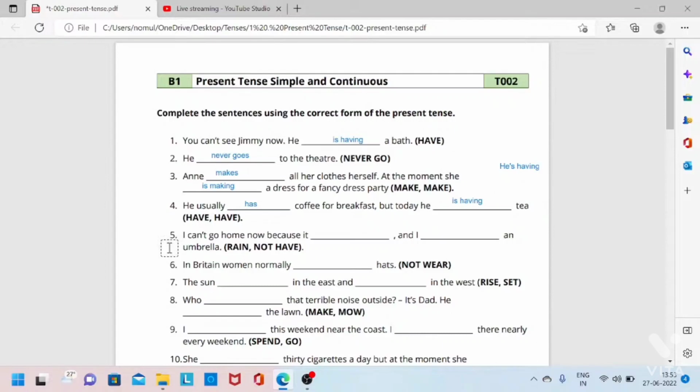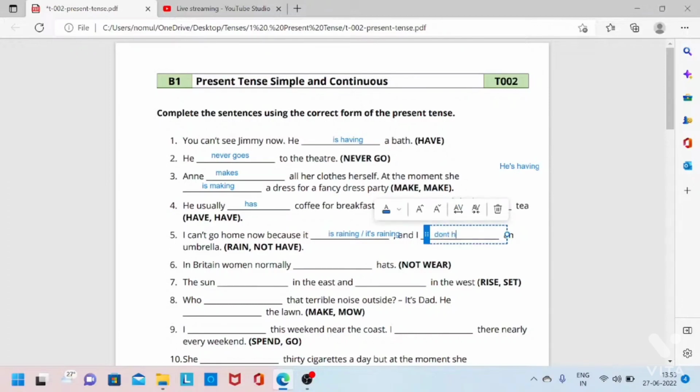Fifth one. I can't go home now because it's dash and I dash an umbrella. It's very easy, right? I know many of you are thinking that it is very easy. It is raining. And I don't have an umbrella.